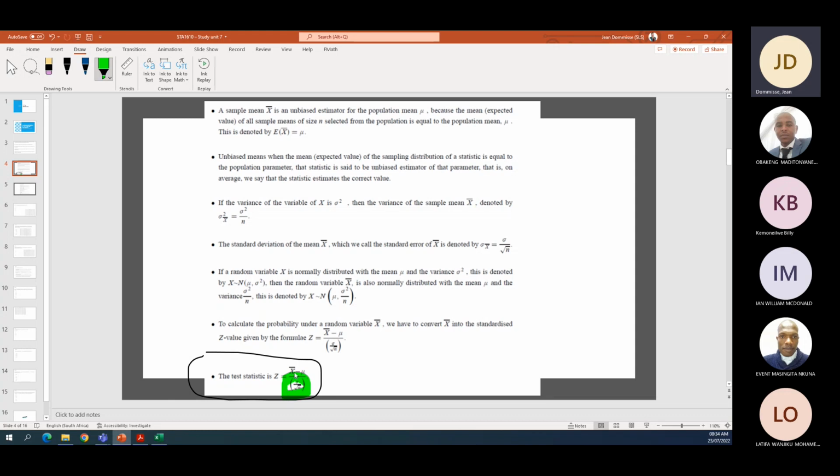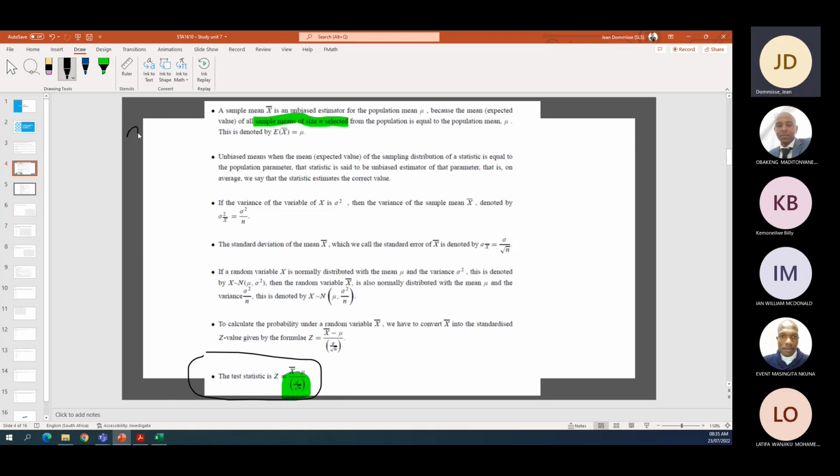And the reason why we are doing that is because we are working with samples. So the only difference now is that you divide by the standard error and not by the standard deviation anymore.